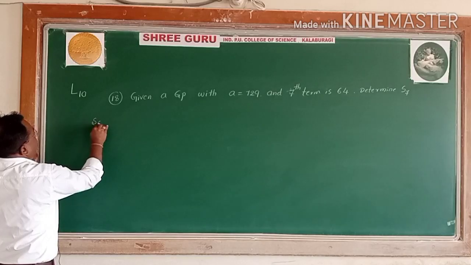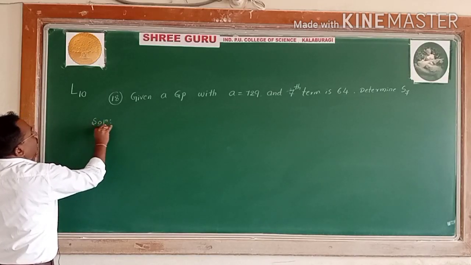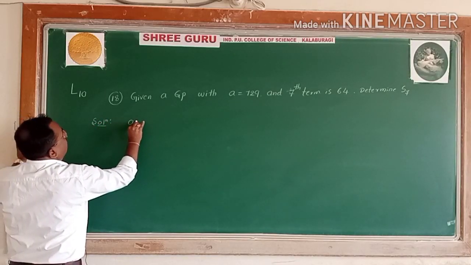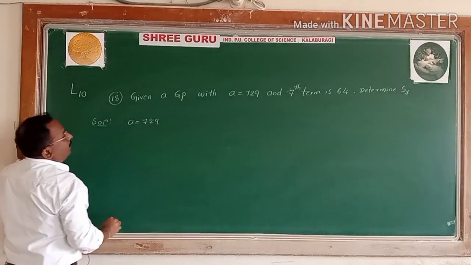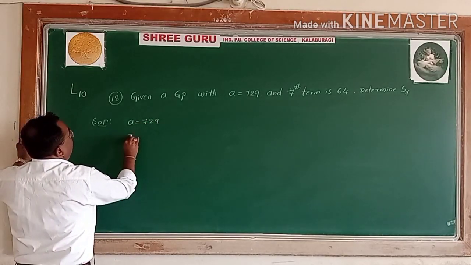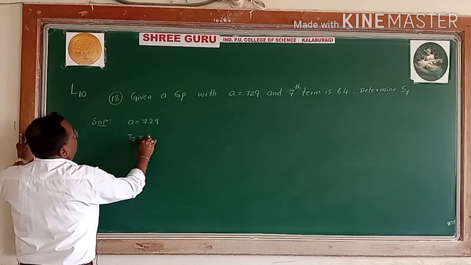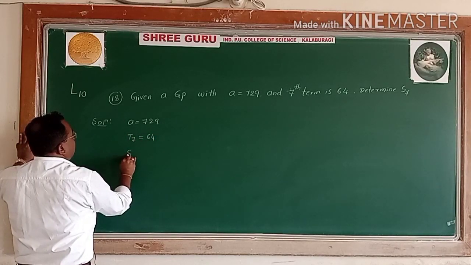Solution. Given A is equal to 729 and seventh term is 64, and S7 is equal to what?